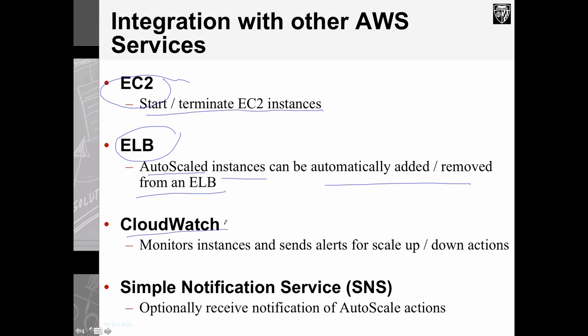It integrates closely with CloudWatch, a service that monitors our instances, and if a condition is met, it sends an alert for those scale up and scale down actions. And we talked about Simple Notification Service, SNS. We can optionally receive notification of the scaling events or scaling actions.